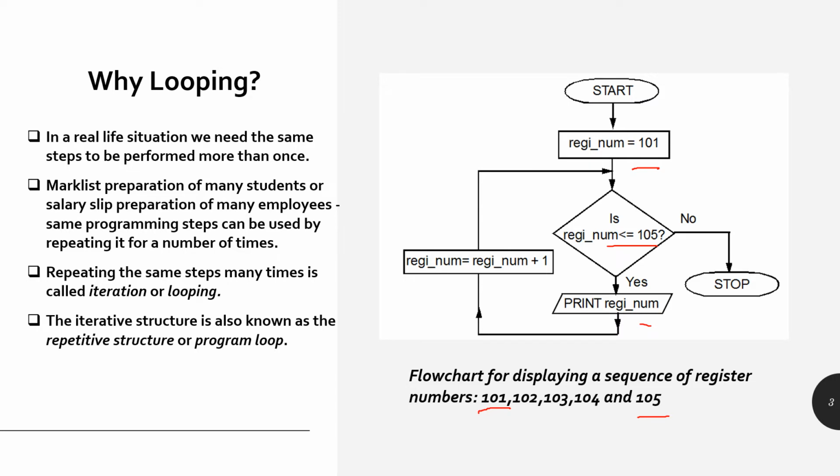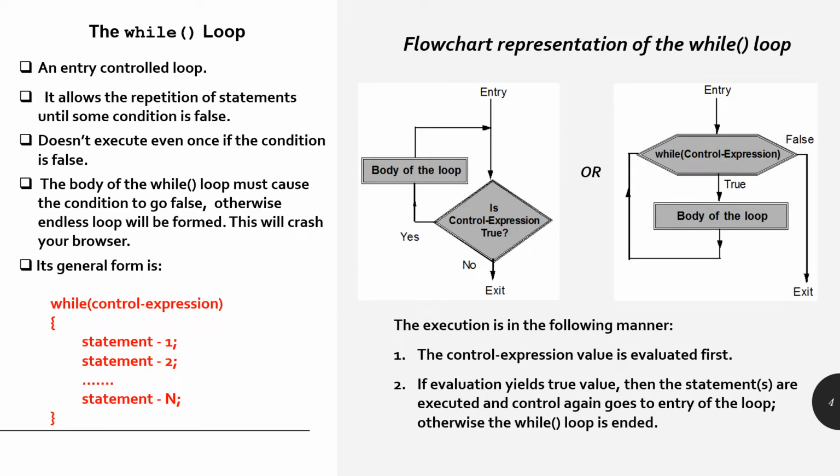Now let's start discussing the different types of loops in PHP. First we will see the while loop, then do-while, foreach and so on. In the case of the while loop, this is the flowchart representation of the loop. Initially itself it is checking the condition.